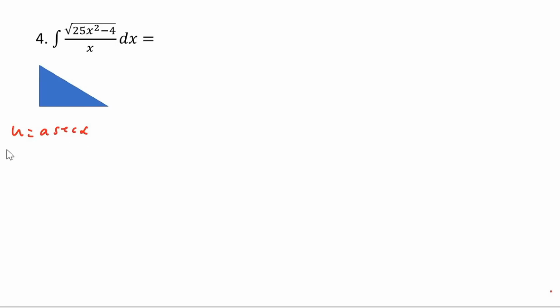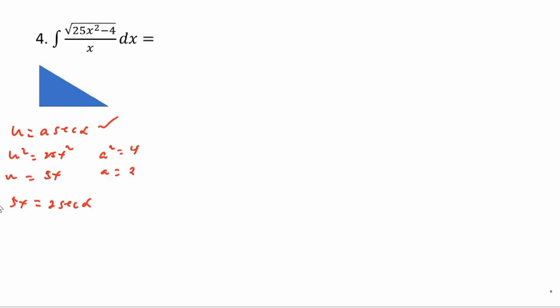Our u squared there is 25x squared, and a squared equals 4. So u now equals 5x and a equals 2. So using this equation, we have u equals a secant alpha, but the meaning of u is 5x. So I write 5x equals a secant alpha, where a is 2, and then secant alpha.